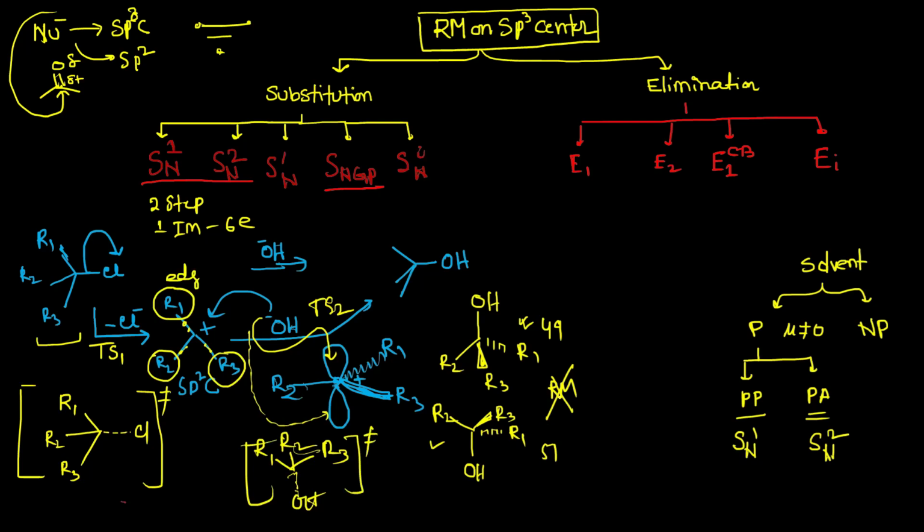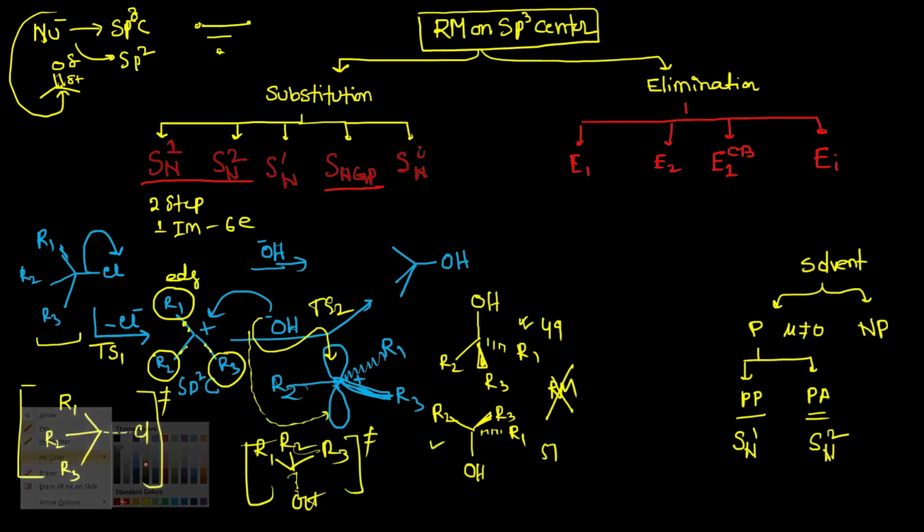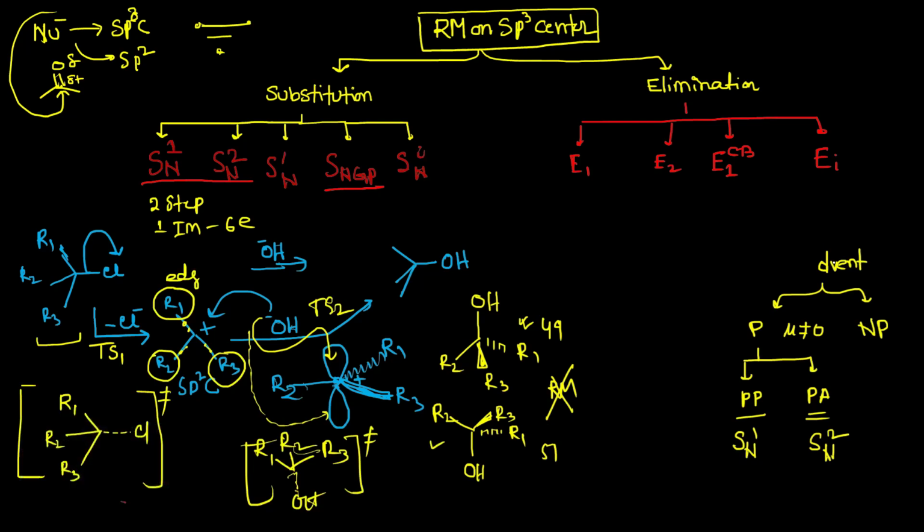Okay. Now let's see the energy profile diagram and the rate expression for this reaction. I am wiping this up. Now, as I have told you, a polar protic solvent will favor this transition state, or favor the SN1 reaction. Why?